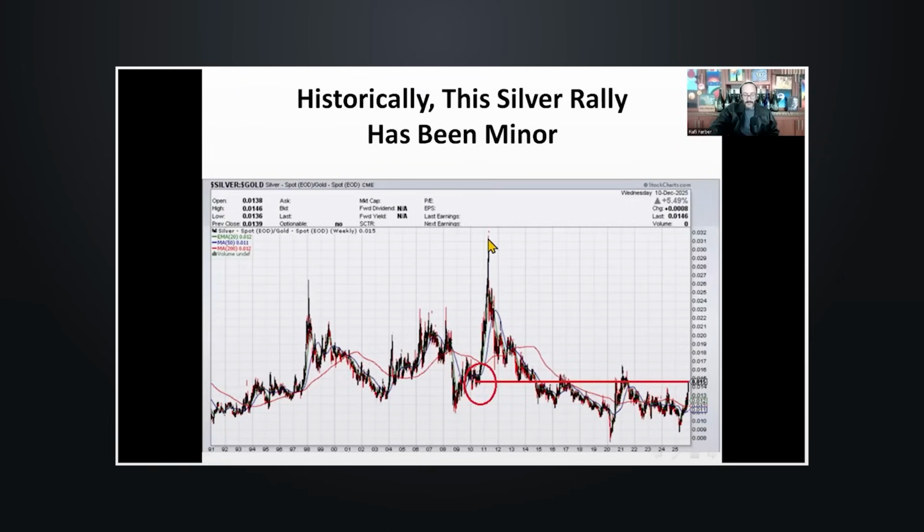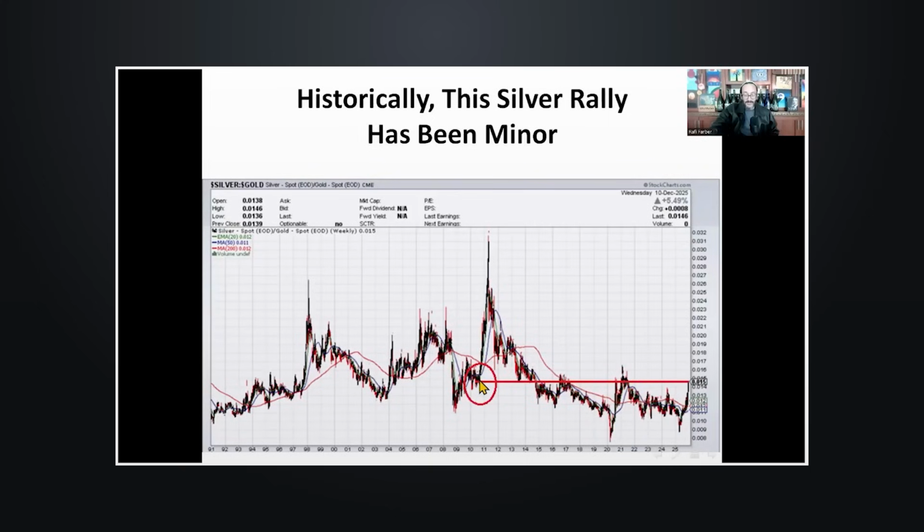So if gold stays the same, we're at 66 now, we'd be at about 140 something. That's just if we repeat this kind of rally. And 1980 was even more extreme than that. So you can see here, we're just where we started in the gold to silver ratio, the silver to gold ratio. Same thing, it's just the reciprocal, meaning we're at the very starting point of where this rally began in late 2010. That's how high silver could go from here.